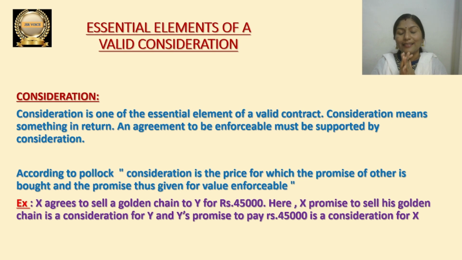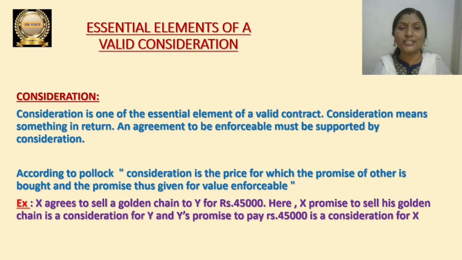Then we can say that it is a valid consideration. If both are having consideration, then that is a valid contract. So both the parties must have some benefit out of that agreement. Hope this is clear. That is known as consideration. Consideration means one party should get something, and the other party also should get some benefit. Then we can say that there is a consideration. Hope this is clear for everyone.